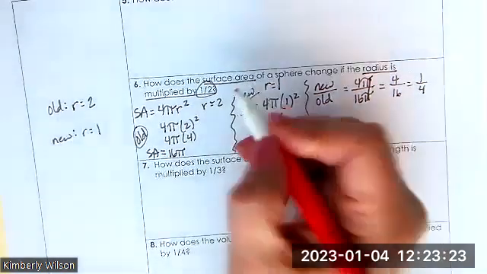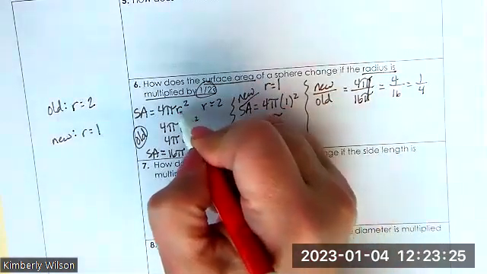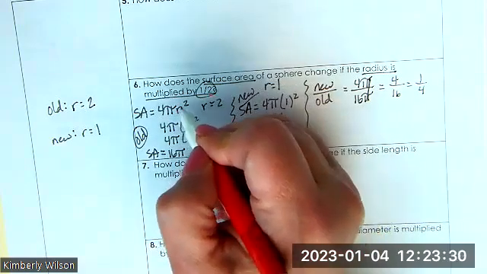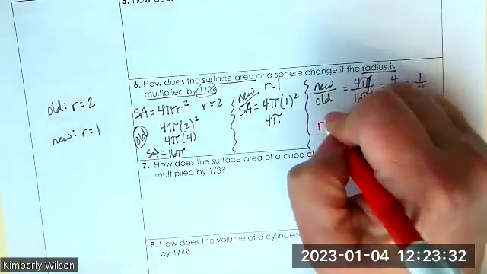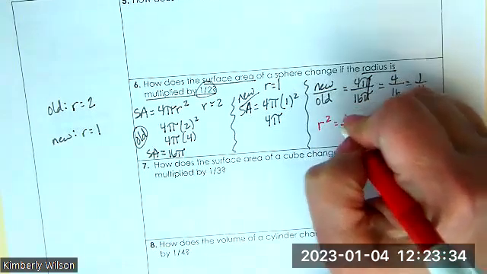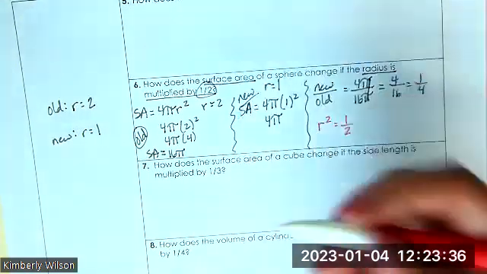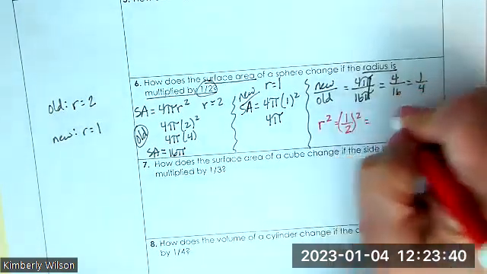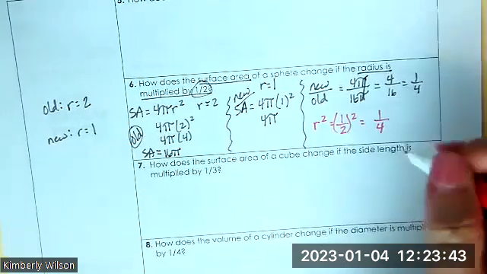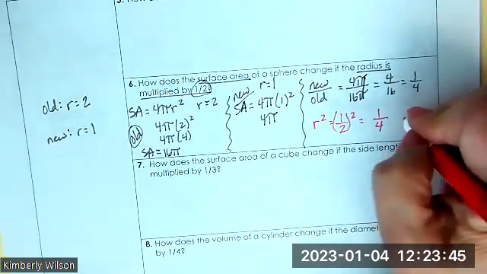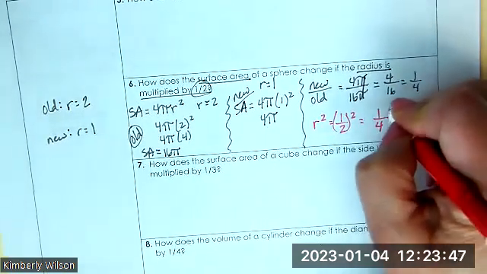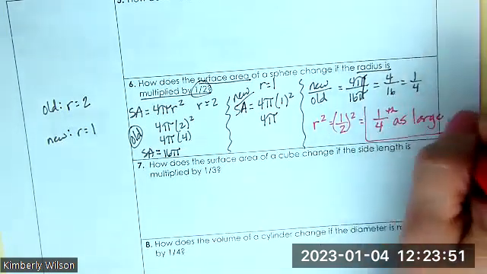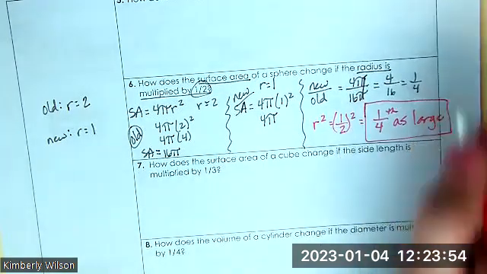Since this is the scale factor, it's the radius that is multiplied by 1/2. And notice the radius is squared. So we could have radius squared, which is going to be 1/2, because that's kind of the scale factor. That's what's happening. So we're doing 1/2 squared, which gives you 1/4. So therefore, it's 1/4 as large.